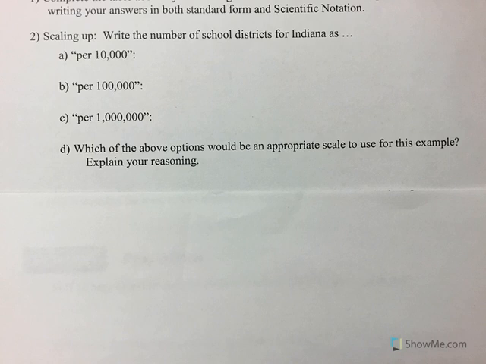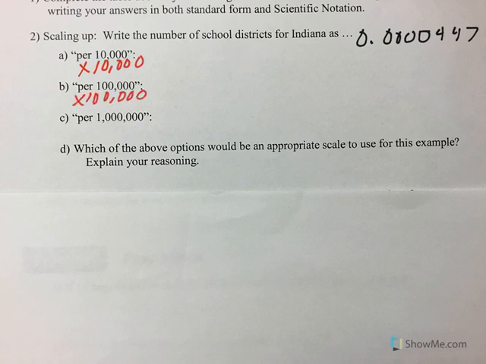Okay, so now we're going to talk about Indiana. Recall that Indiana per capita is 0.0000447. So now it says change that to per 10,000, which simply means multiply your per capita by 10,000. For per 100,000, we're going to multiply the per capita by 100,000. And for per 1 million, we're going to take that per capita and multiply by 1,000,000.